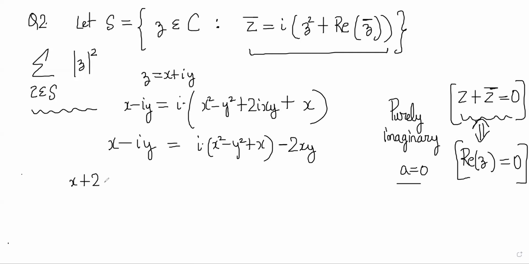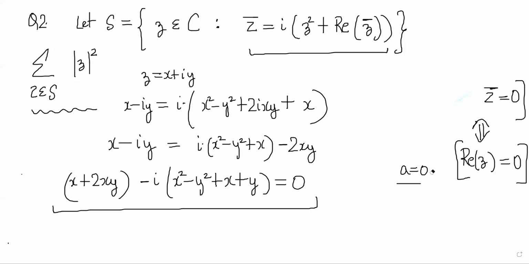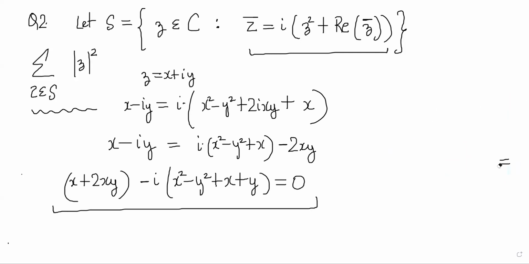You end up getting x plus 2xy minus I x square minus y square plus x plus y equals 0. Is everyone getting this equation? I hope you are getting this equation.